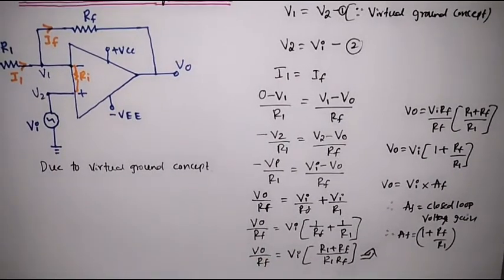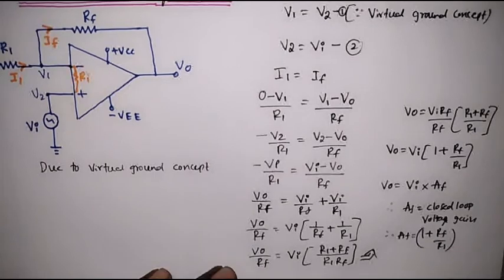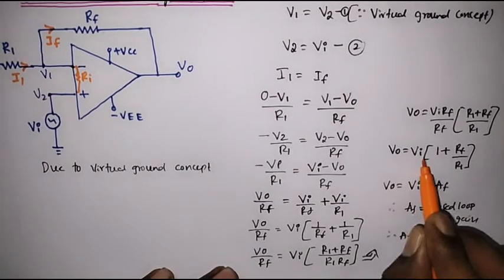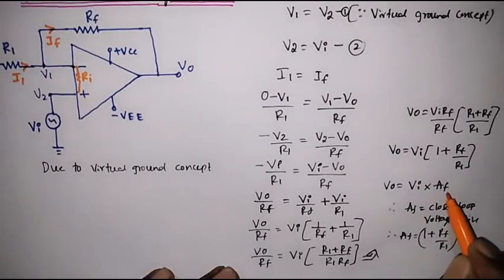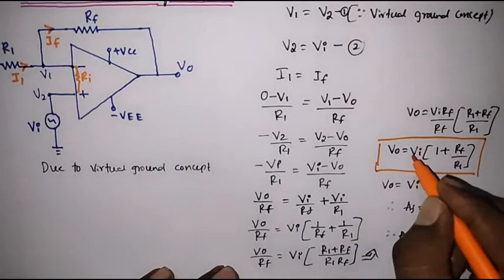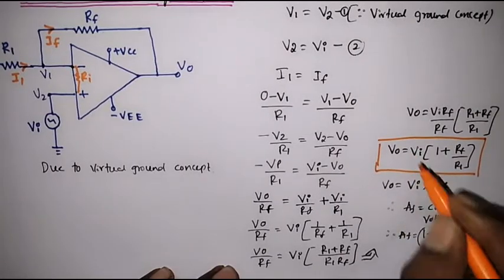So here we can observe that the output voltage is equal to plus Vi into the closed loop voltage gain AF. There is no phase inversion as it is a plus sign.